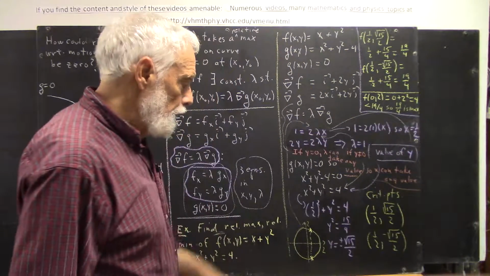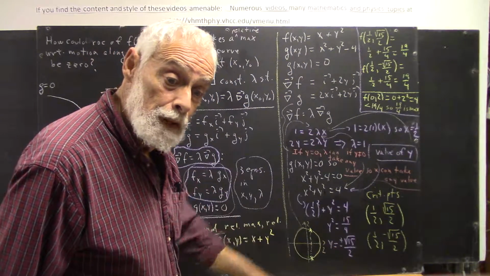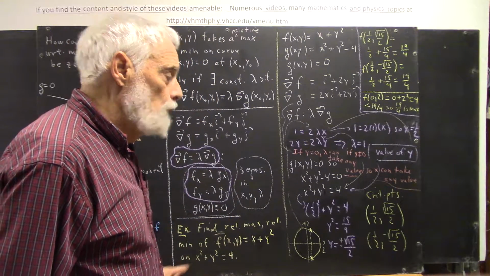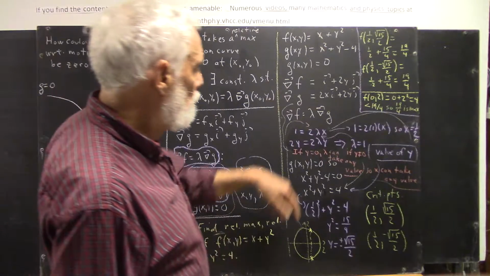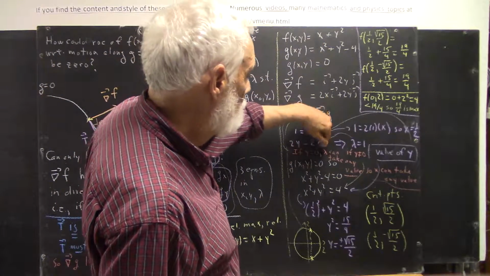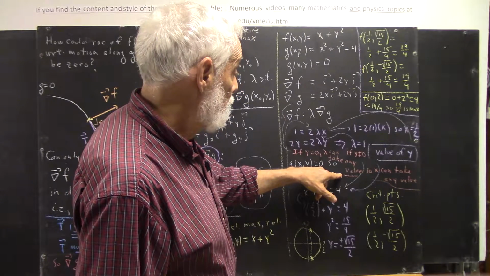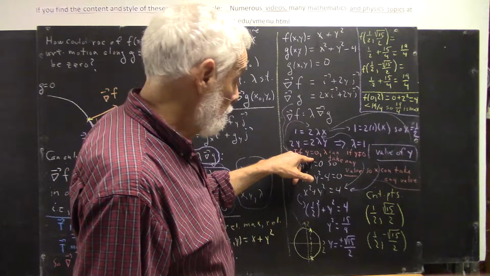Now, does that mean that any value of x gives us a solution to this equation? Well, no, because the only way lambda can take any value you might wish is for y to be 0.